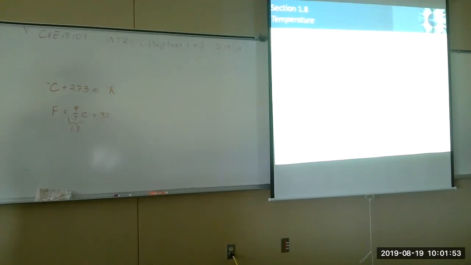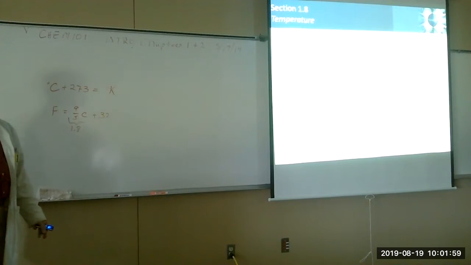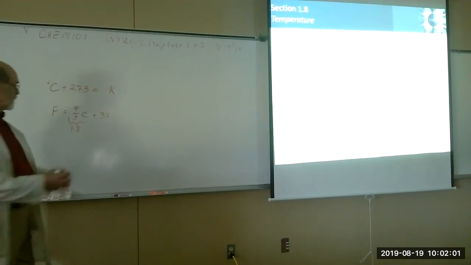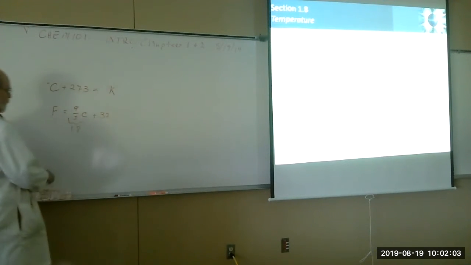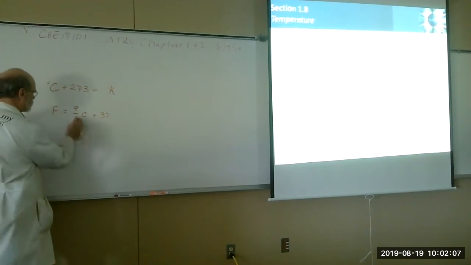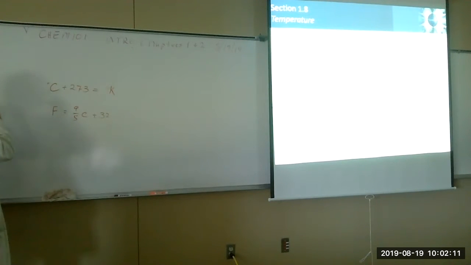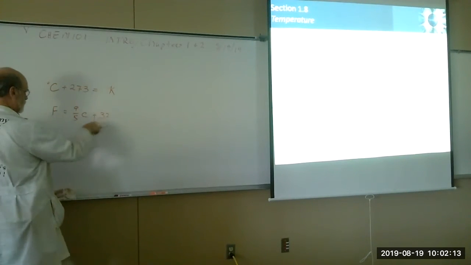Now, what if you have Fahrenheit and you need Celsius? Well, if you know this one, with a little algebra you can come up with the other one. So what do we do? Well, we take this and put it over here.